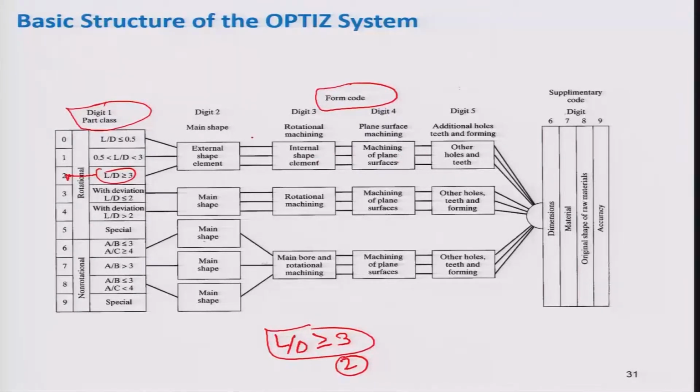So it will be signified as digit 2 again, suppose external shape is required. Okay, again for material characterization, here you will have to go to the supplementary code. Then again for material, suppose you are taking material type 7. So this code signifies the dimension of your part, on which machine it will go through, and what kind of material it is.